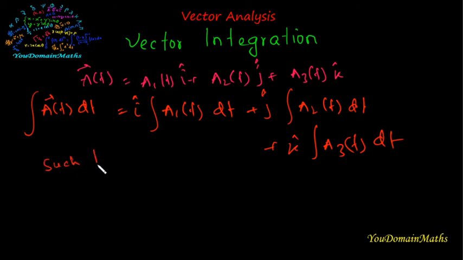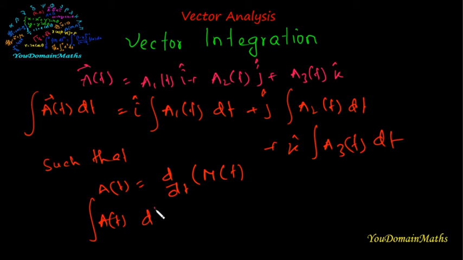Thus a of t equals d by dt of m of t. So when we integrate a of t, the result is m of t plus the integrating constant c.